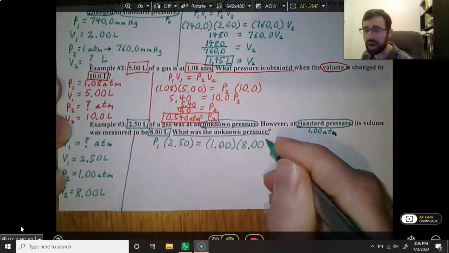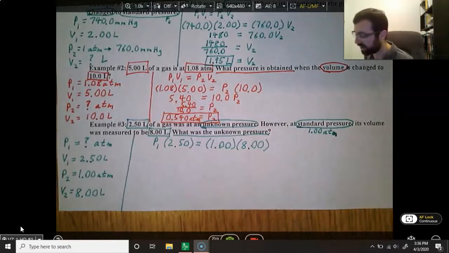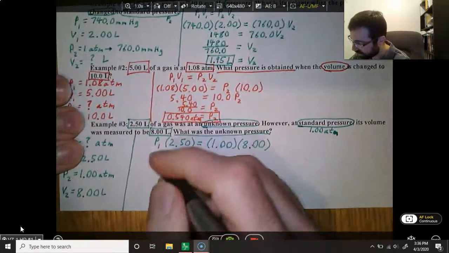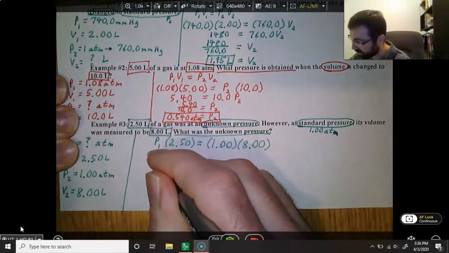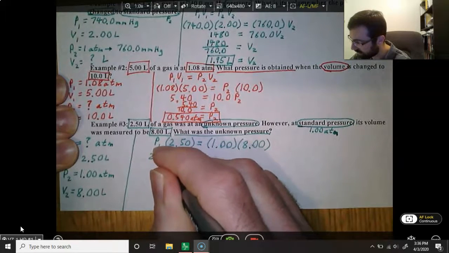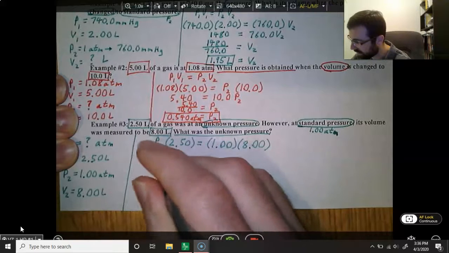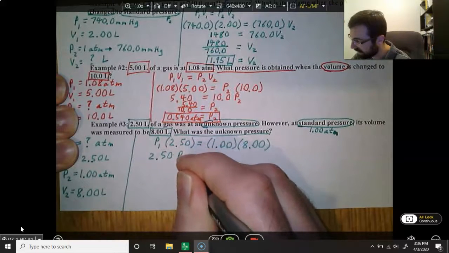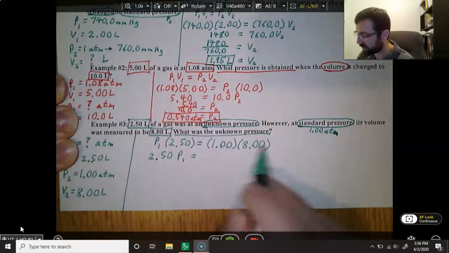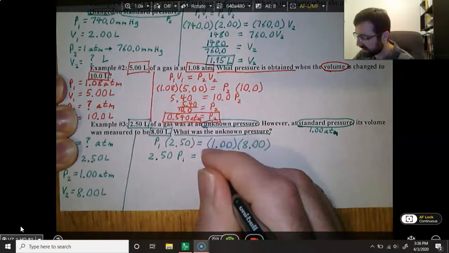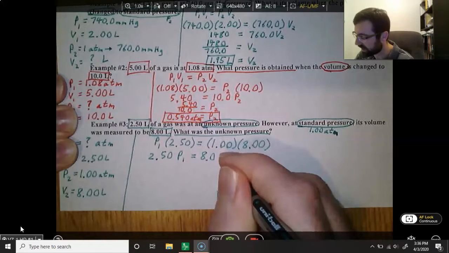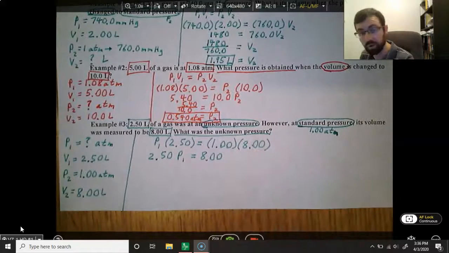And you can see that the math here is not going to be very hard. I have 2.50 times P1 equals, and then 1.00 times 8.00, that's just 8.00. Anything times 1 is just the same number it was before.